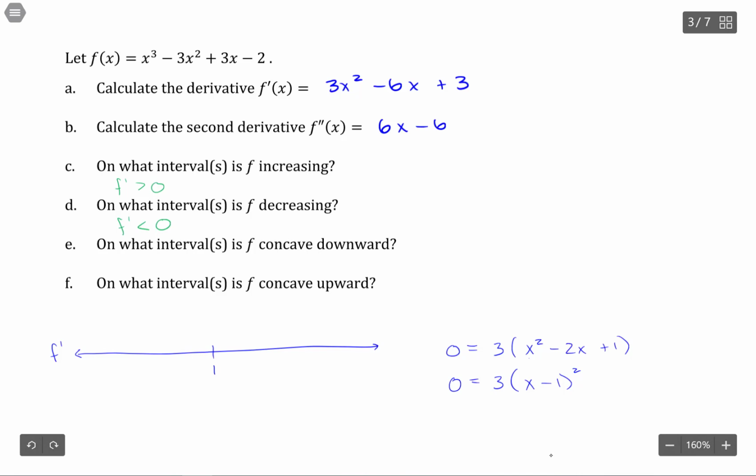Now, on each side of positive 1, I need to determine if my function is increasing or decreasing. So I'll pick a value on this interval and on this interval, and then just plug that into my first derivative. Now, one thing I'd note here is whenever I take any value minus 1, the result of that could be positive or negative.